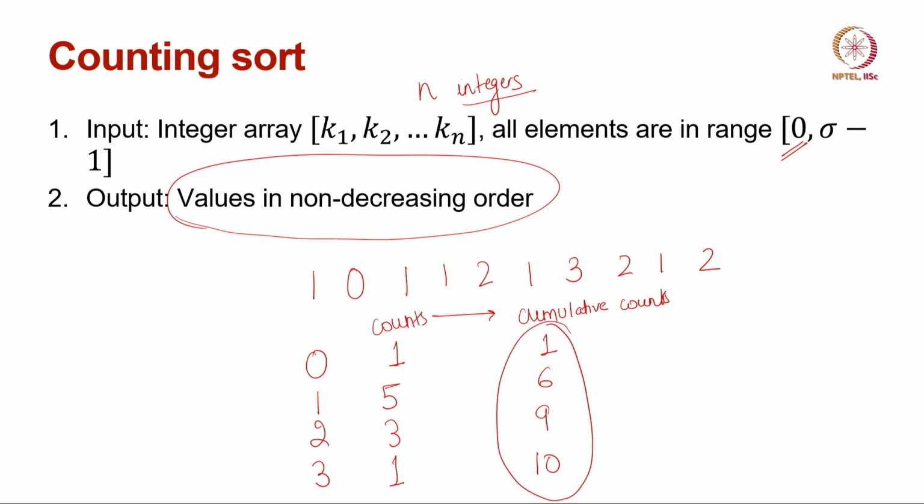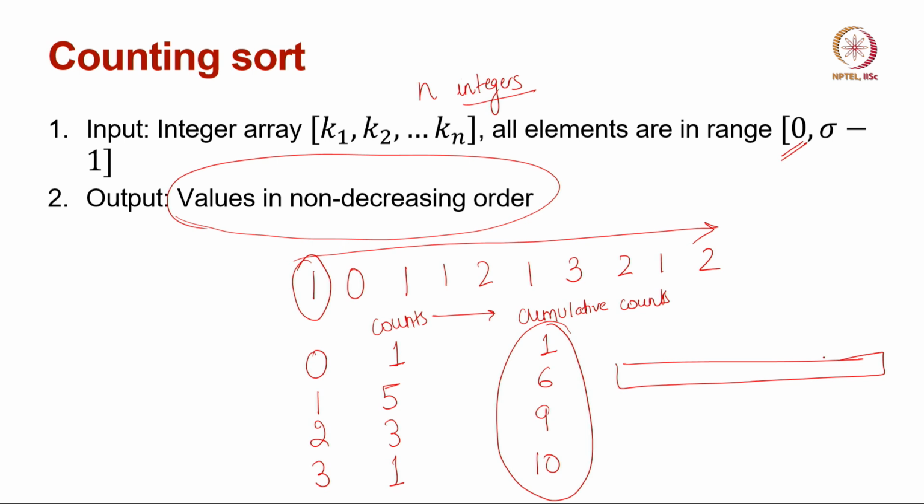Now all I can do is a linear scan of this input array, and as I am doing the linear scan I know the position of each element in the sorted array. For example, when I start with element 1, I know that in my sorted array 1 should go at the second position, because from the counts I know that there is 1 occurrence of 0.